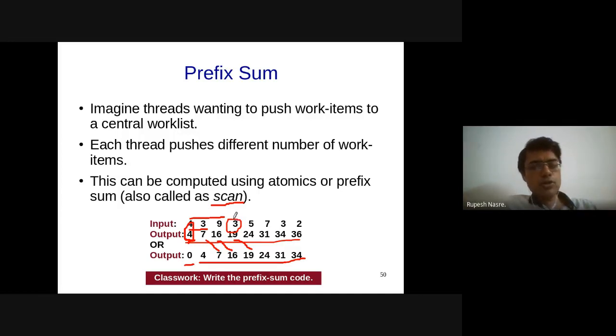I need to make sure that either 16 has been written by thread number 2, or I myself need to sum up all these values, right? The first one adds sequentiality, because now thread 0 first completes writing of 4, thread 1 completes writing of 7, then thread 2 completes writing of 16, then thread 3 completes writing of 19. So there is a sequentiality in that processing.